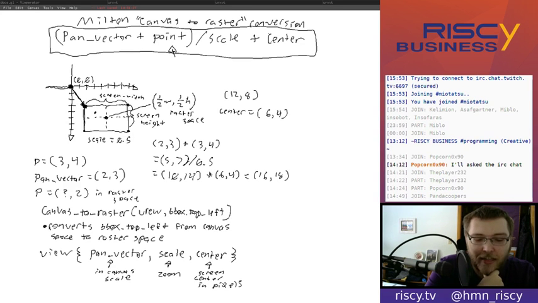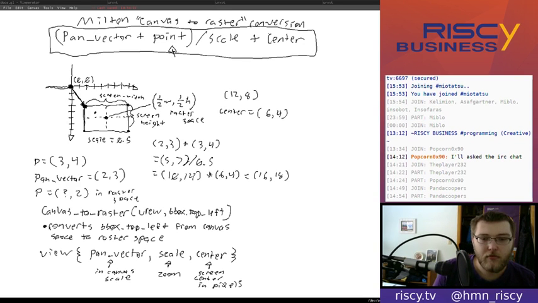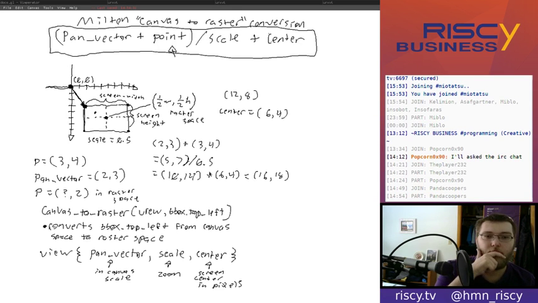Maybe when he says raster space, he doesn't mean screen space. Or maybe I'm working through the calculations wrong. I feel like raster space would be screen space because the screen is in pixels, and that's a raster, right?